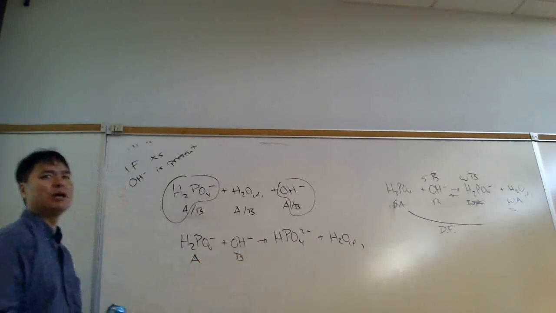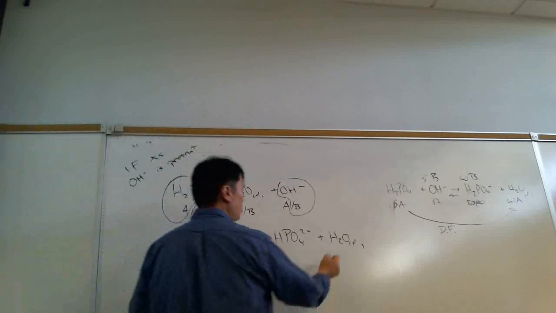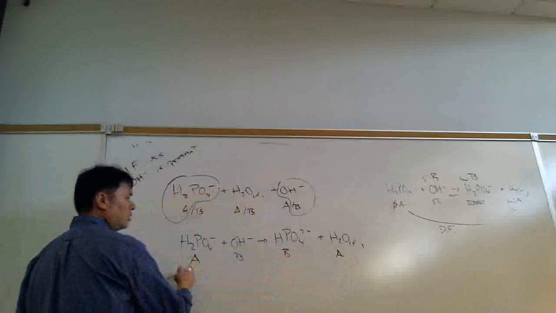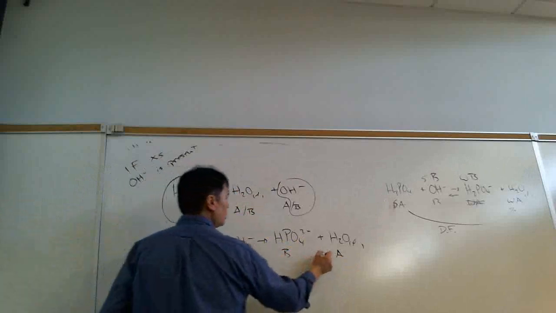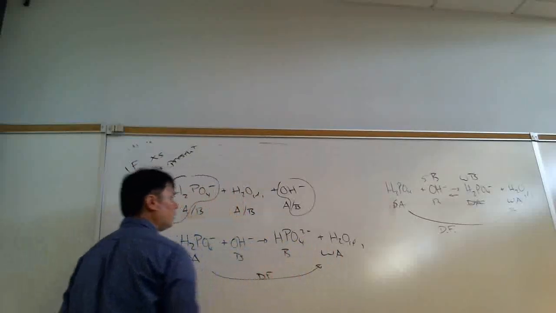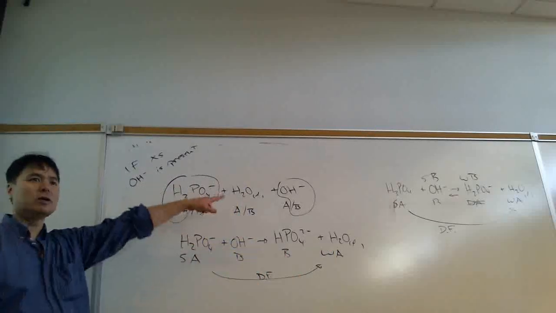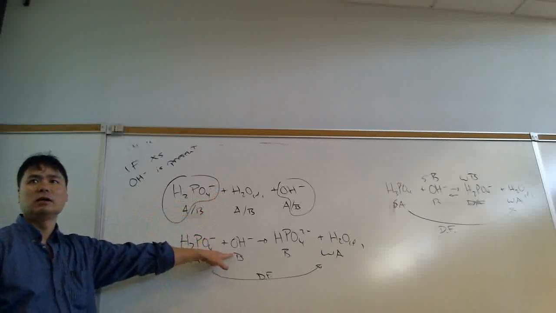What's our acid and base on the product side? The acid's water, that's correct. The base is the monohydrogen phosphate. And so are we going from stronger acid to weaker acid? Yes. And so stronger to weaker, we have driving force here. And so we neutralize the second proton. So we neutralize the first proton, we neutralize the second proton if we have excess hydroxide present.